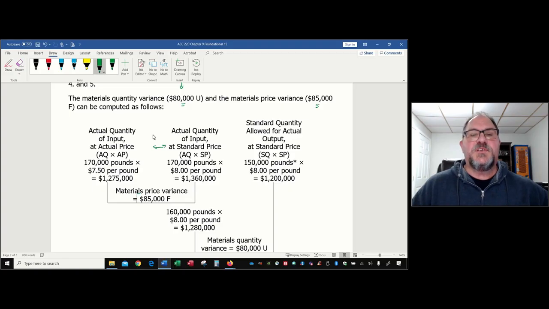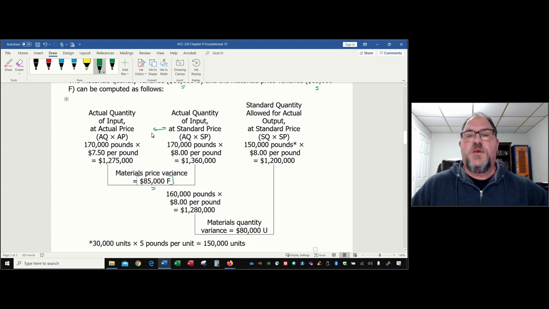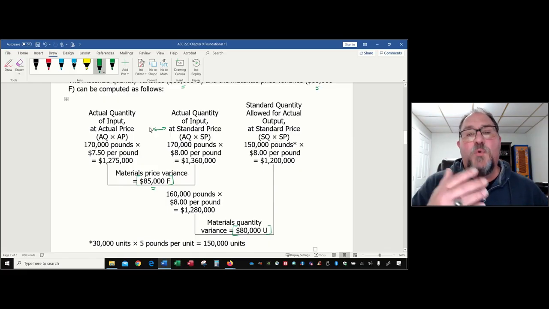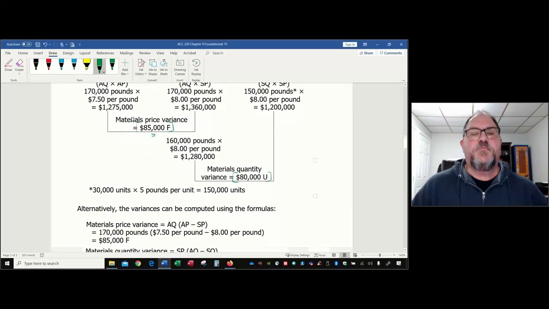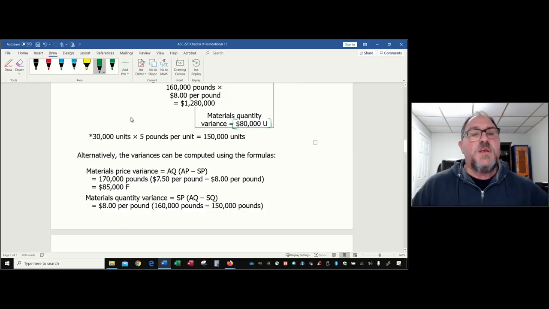So that's going to give us this price variance right here. It's 85,000. Notice over here to the right, we're going to wind up getting the materials variance of 80,000 unfavorable. So they actually bought more than they wound up using here. So again, it breaks it down to these different things. And again, if you choose, by all means, if you want to do it like this, it's not a problem.